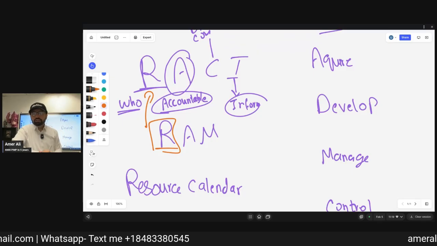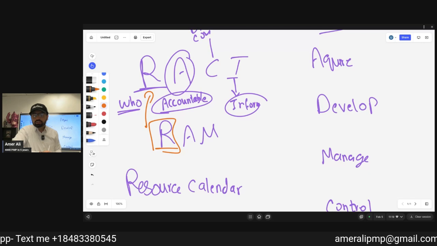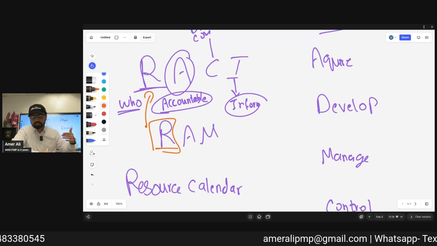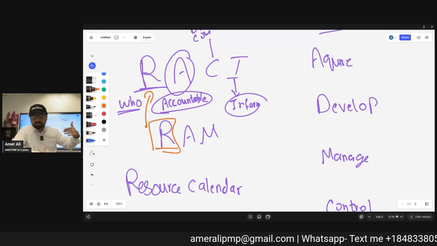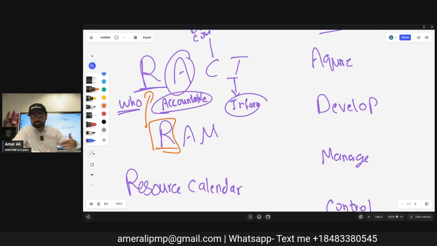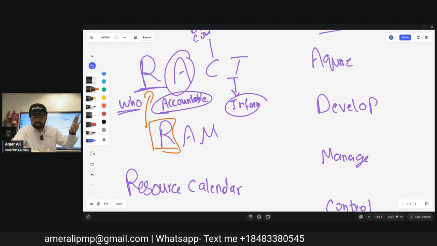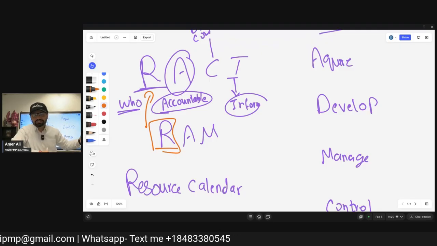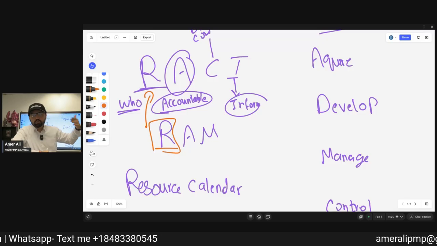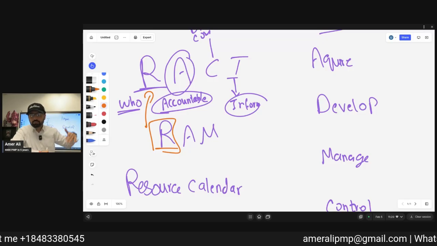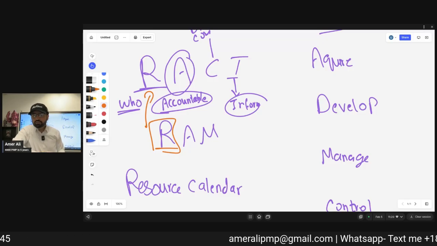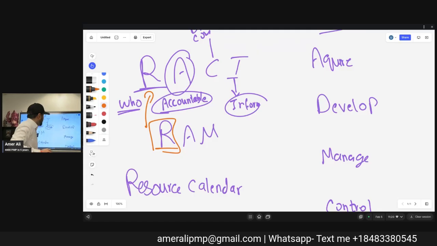Yes, all things are happening in planning, with forming as the first thing. So the resource calendar, RACI, and RAM are happening at the forming stage, because that's the first stage when people are coming. They are happening in parallel. What is the difference between RACI and RAM? RACI is detailed.